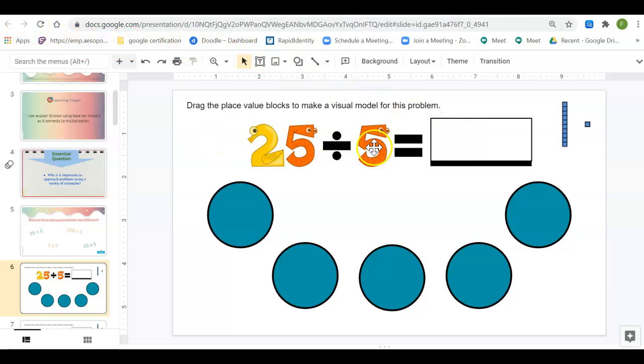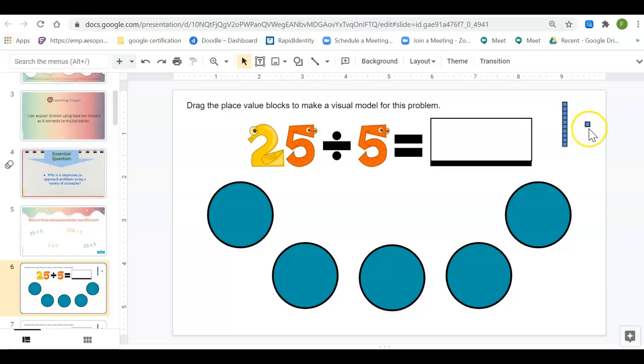When we look at division problems, what we're really saying is, I've got a total of 25, and I want to evenly distribute it into 5 different circles. The 5 circles represent this number, and I've got 25 total to distribute evenly. When I finish, we want to have the same number in each one.